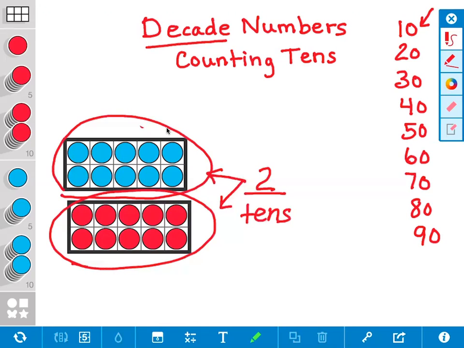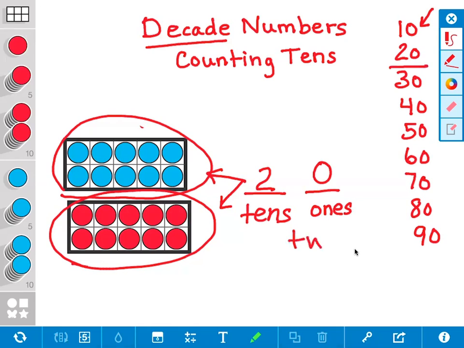Now look very carefully. There are no ones. No little ones left over like when we were doing the teen numbers. And we know that none is 0. All right, 0. So I have 2 groups of 10 and 0 little ones anywhere left over. And this makes the number 20.